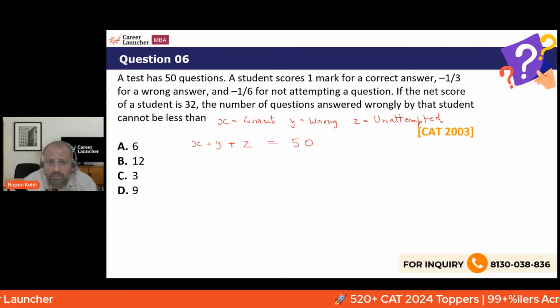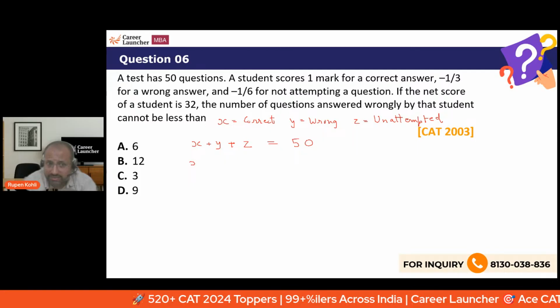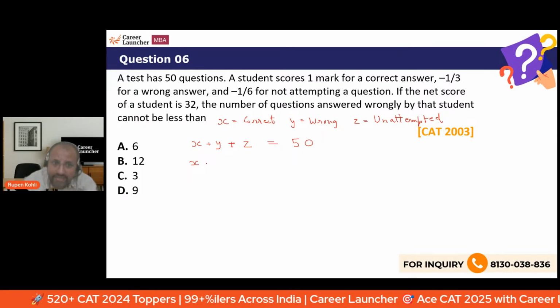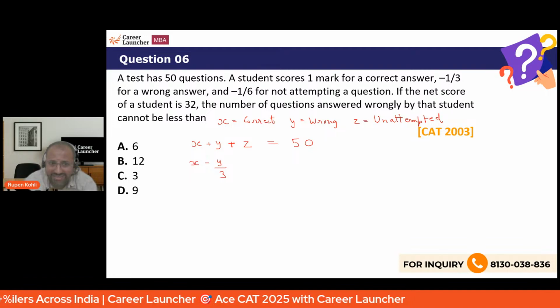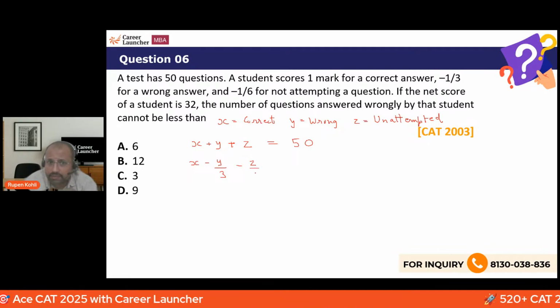And for the marks, multiply with the corresponding values. So 1 into x plus minus 1 by 3 into y. We are accounting for the marks now. So x minus y by 3 and minus 1 by 6 into z, minus z by 6. So that is 32.